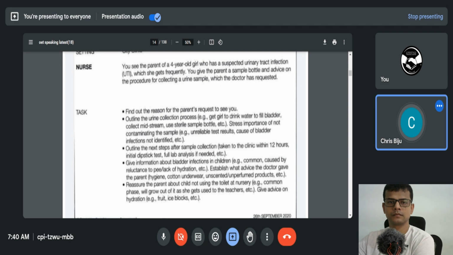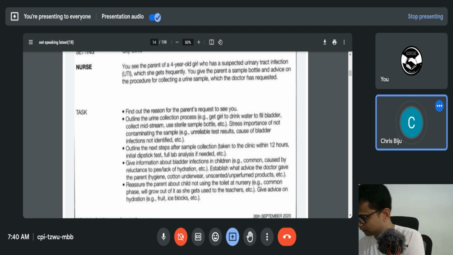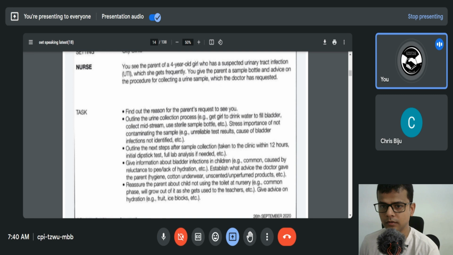Hi, I am Nili, one of the registered nurses working here in the city clinic. How can I help you today? Actually, I came with my daughter, and the doctor has asked me to get a urine sample for a check, and I need a container or something to collect the sample.